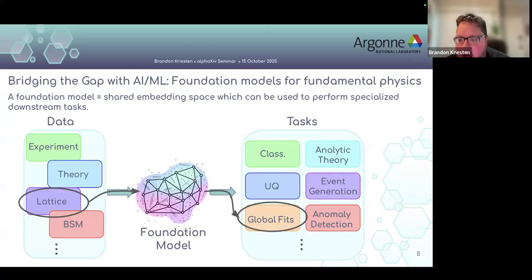If you are able to put in experimental data, theoretical data, lattice and BSM, and whatever other theoretical constraints, passing them into a foundation model, and you put something like a VAIM on the output as a head, I could see this heading toward a nice generative head that can predict new and interesting potential solutions, given a whole bunch of input data that maybe encapsulates a variety of different theories.